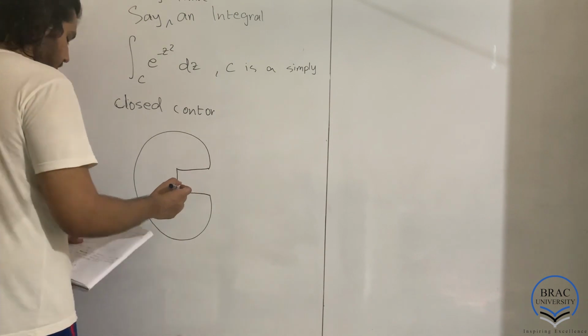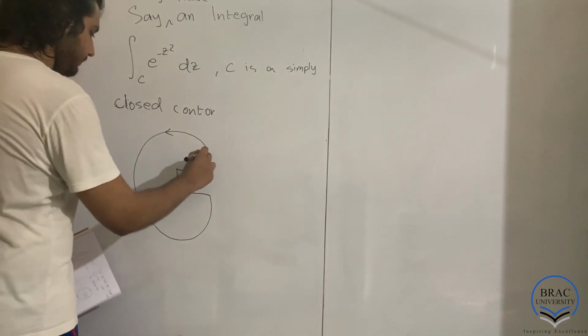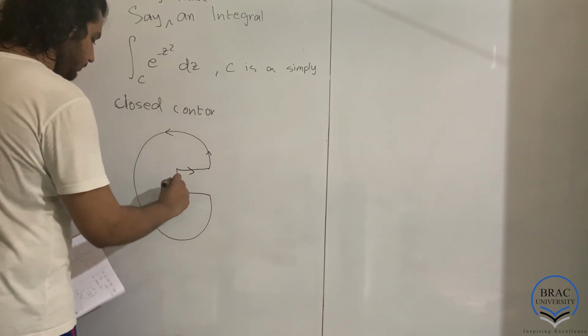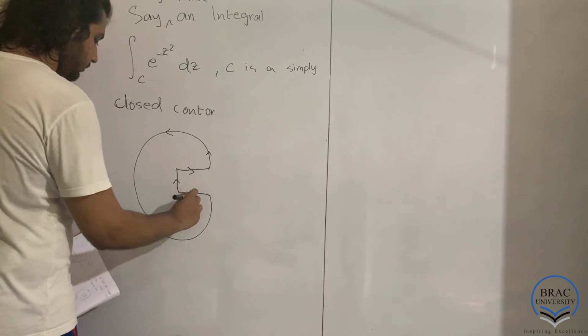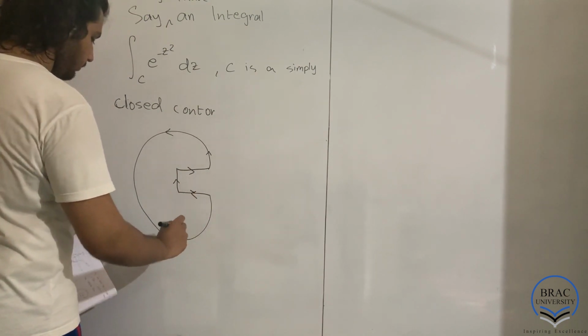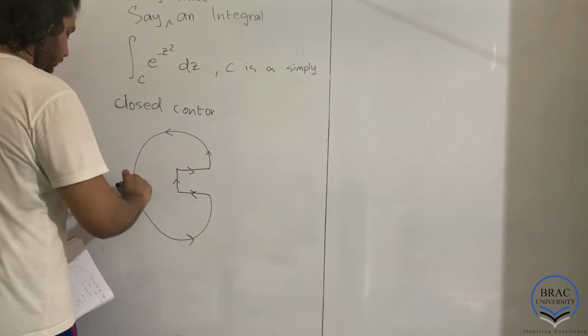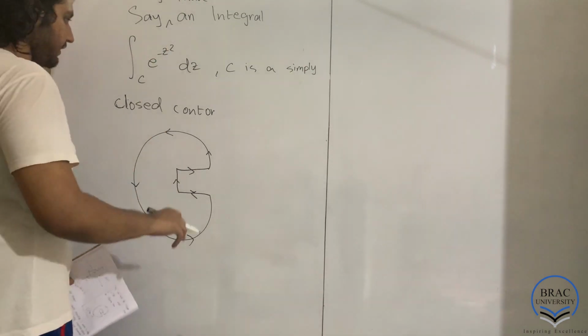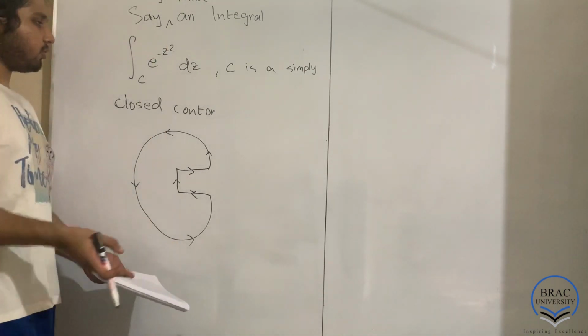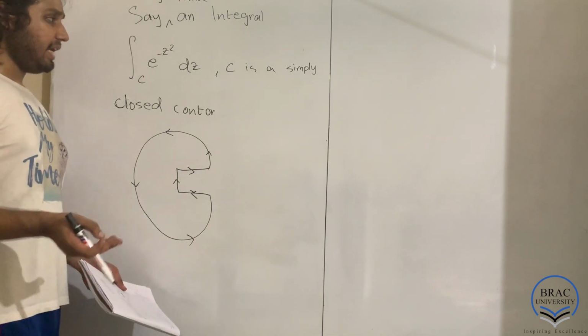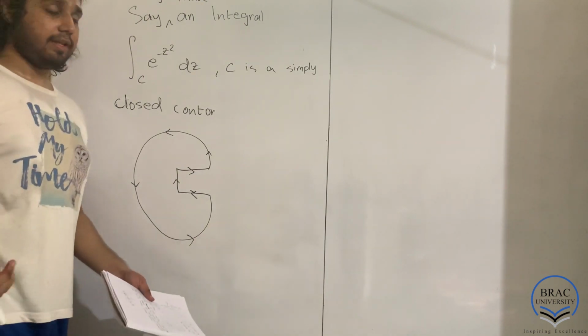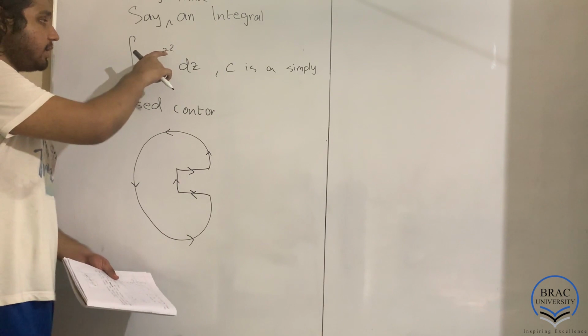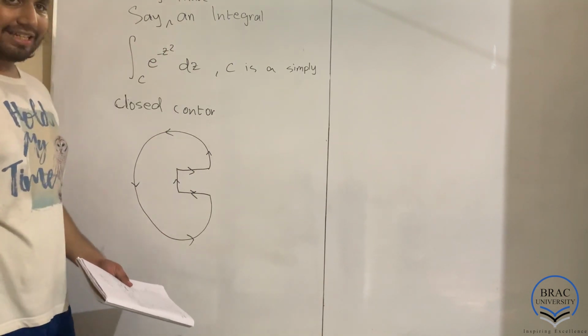A very complicated contour indeed. But our choice of contour doesn't even matter here. Regardless of the size of our domain, e to the power minus z squared, an exponential function, is analytic.